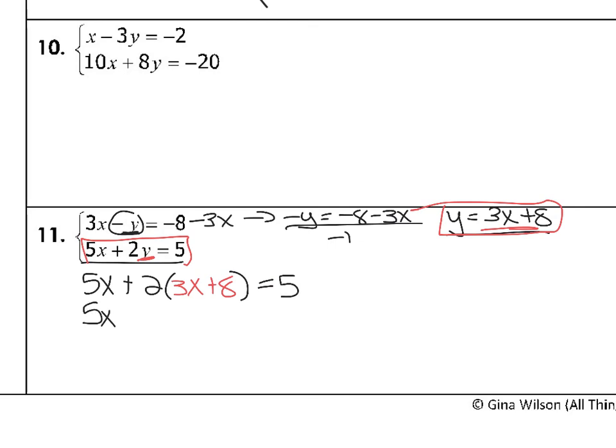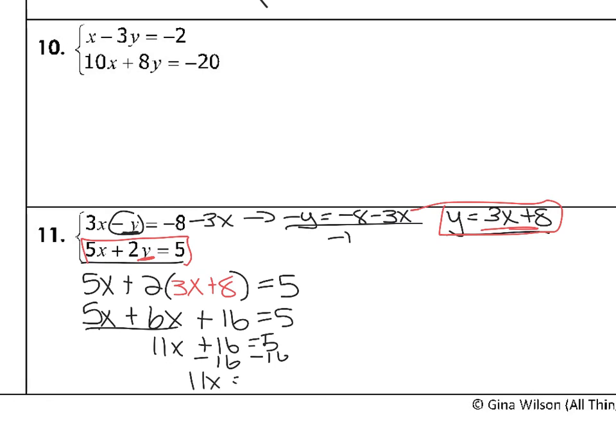So 5x plus 6x plus 16 equals 5. Combine my like terms, so 11x plus 16 equals 5. We're going to subtract 16, so 11x equals negative 11. So x is going to equal negative 1.